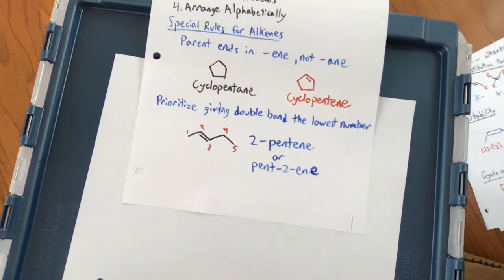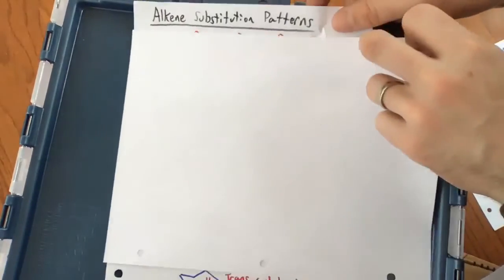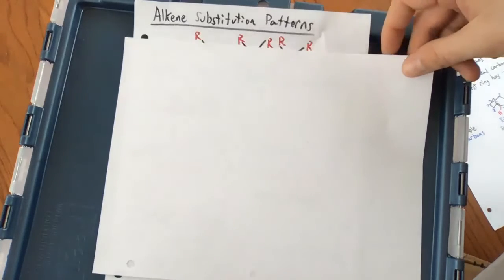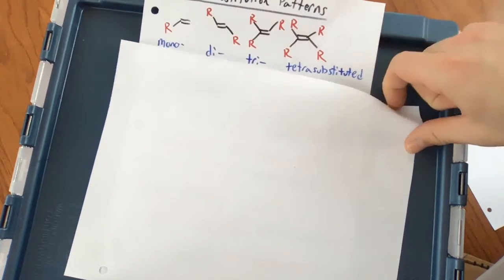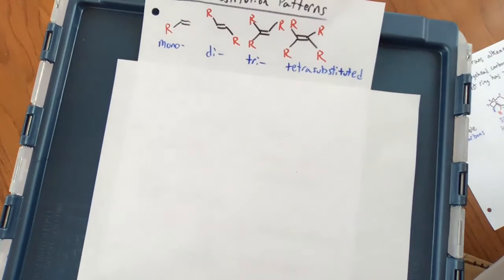And one special thing about alkenes in regards to how we name them is that they can have multiple degrees of substitution. And what I mean by that is that the patterns of substitution look a little different than they did for regular alkanes, in that you can have up to 4 unique substituents on an alkene group.